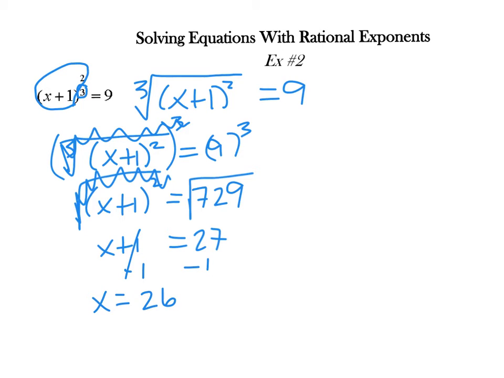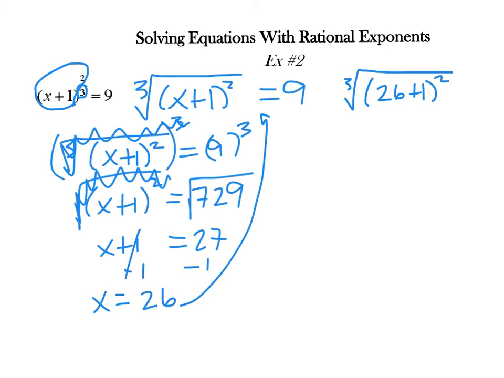Now, I want to plug this back into the original problem and confirm that I have a solution. So I'm going to do this as the cube root of 26 plus 1 squared. I want to find out if that's equal to 9. So I do everything inside first. I do parentheses and exponents and all that other stuff.